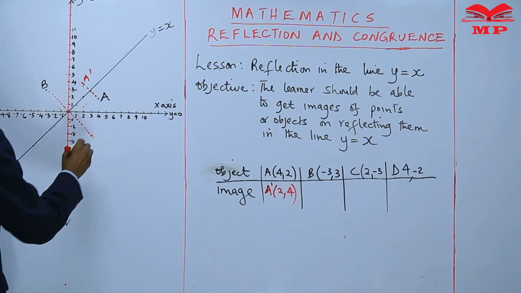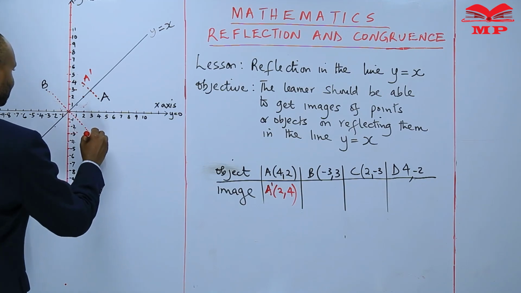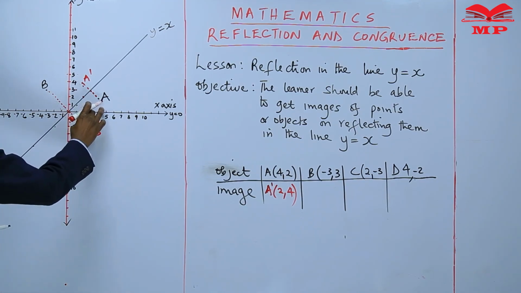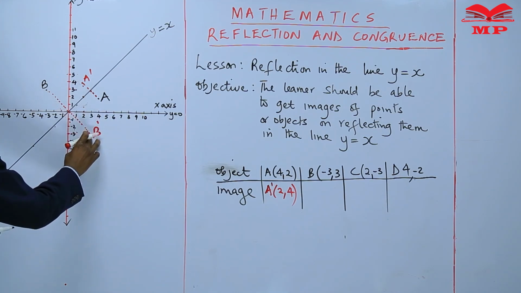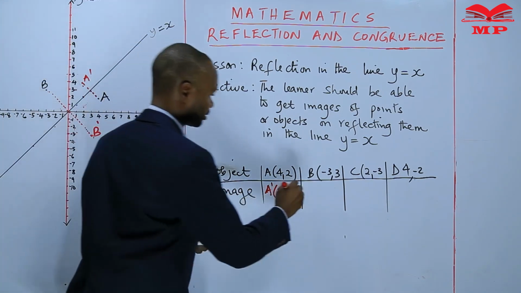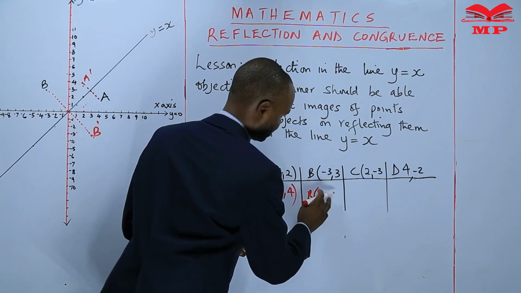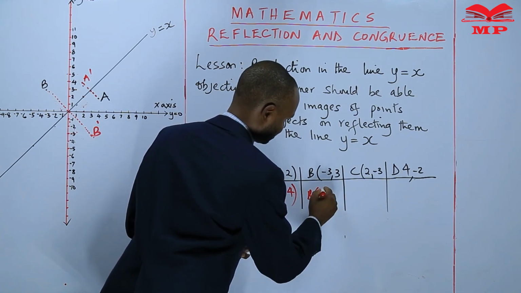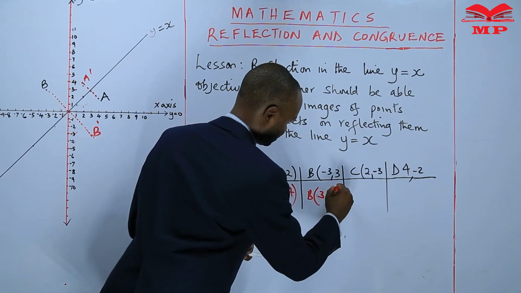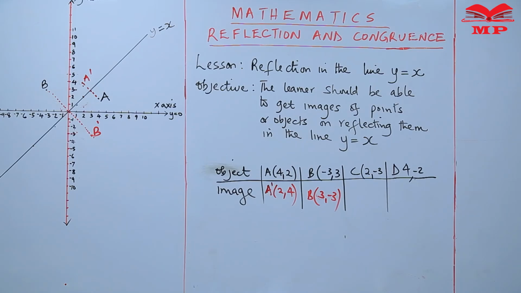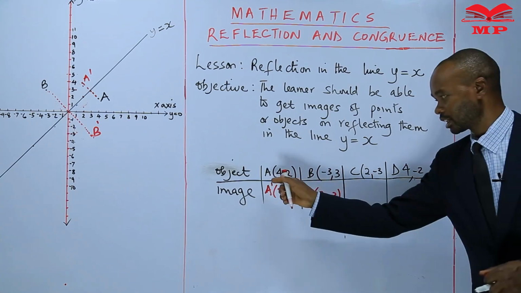If you take the same distance, you end at B prime. What you notice for B prime is 3, -3. At that point, you tend to see what is happening in the coordinates. They interchange. The x now becomes the y.